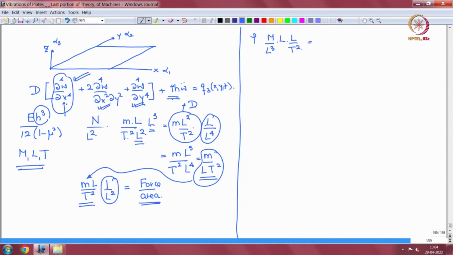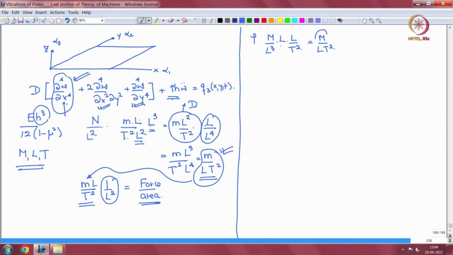So this is again m by L t square, just like this.